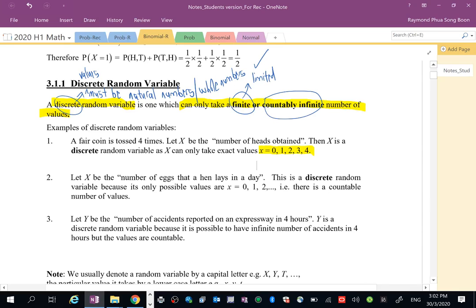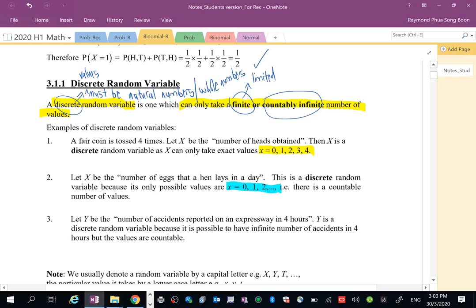Example 2, let x be the number of eggs that a hen lays in a day. So this is also a discrete random variable because the possible values will be 0, 1, 2, and so on. So a hen can lay 0 eggs in a day, or 1 egg, or 2 eggs, or 3 eggs, or 4 eggs, or even 100 eggs, 105 eggs, and so on.